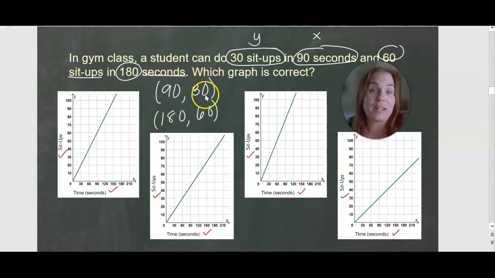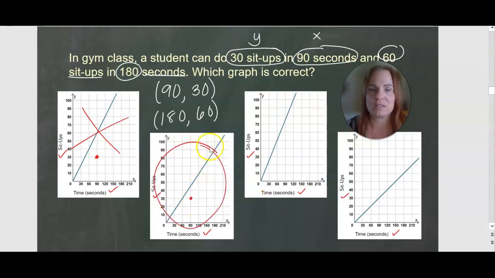So let's look for 90, 30 first. That means I go 90 to the right and 30 up. So that will be right here. This one is not correct, right? The line doesn't go through that point. I'm going to look here, 90 to the right, 30 up. Nope.